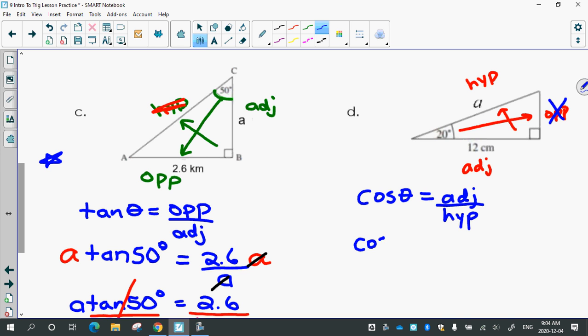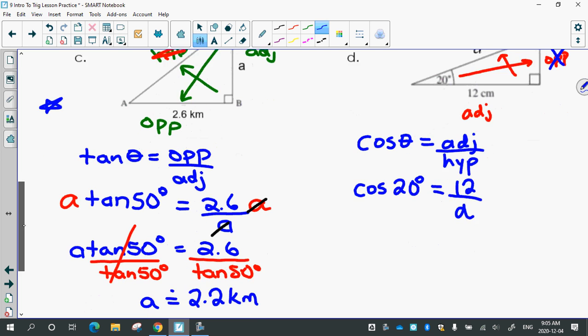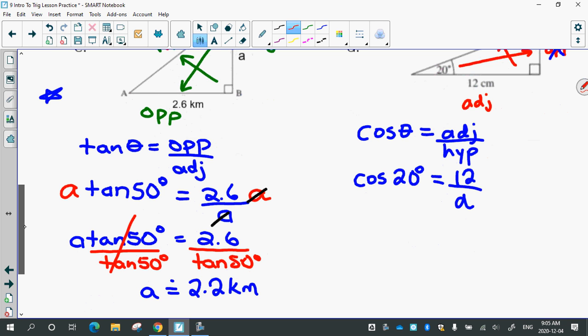And then you substituted. So the cosine of 20 degrees is equal to 12 over A. Then because the variable was in the denominator, you had to multiply both sides by the variable, which is A again. And then you have to divide both sides by the cosine of 20.